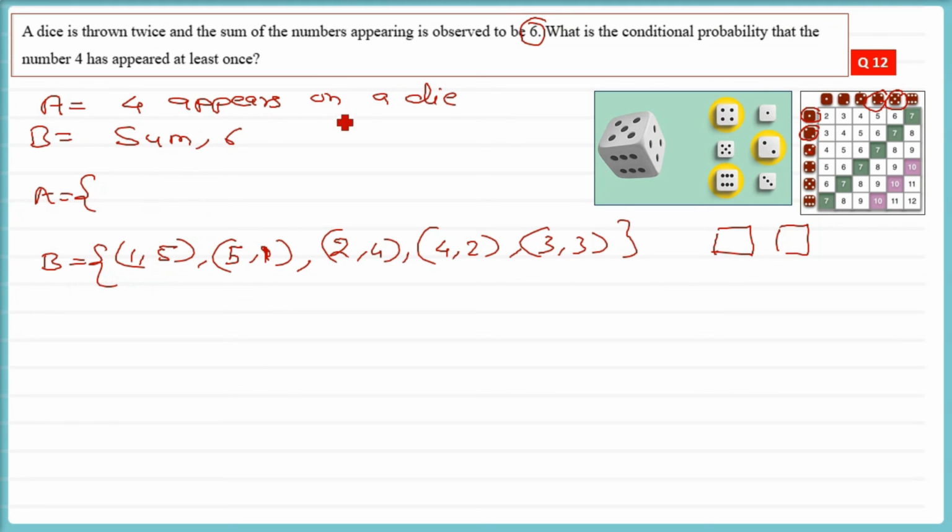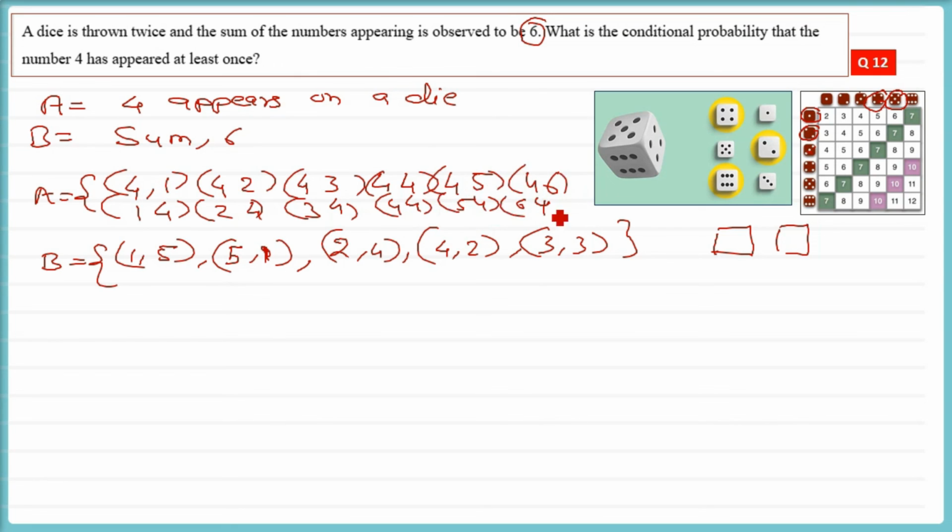Now coming to A, 4 appears on a die. If 4 appears, the other option can be 1 to 6. So 4 1 can come, 4 2, 4 3, 4 4, 4 5, and 4 6 can come. And if you swap the dice, 1 4 can come, 2 4, 3 4, 4 4, 5 4, and 6 4 can come.